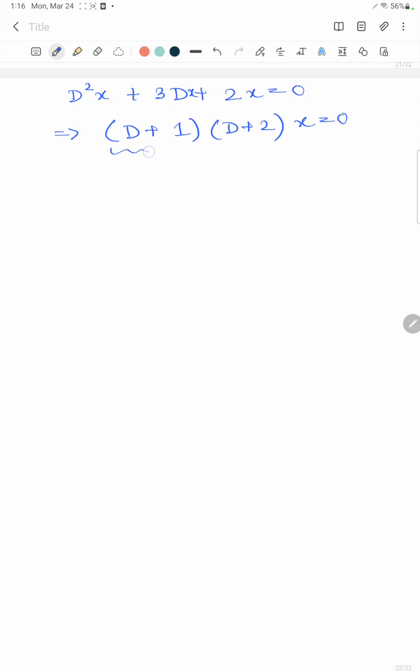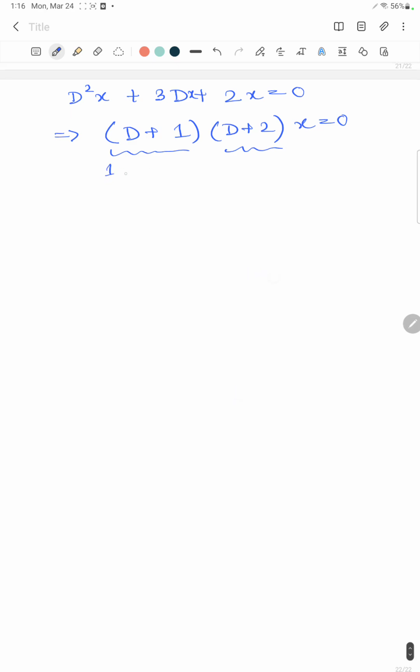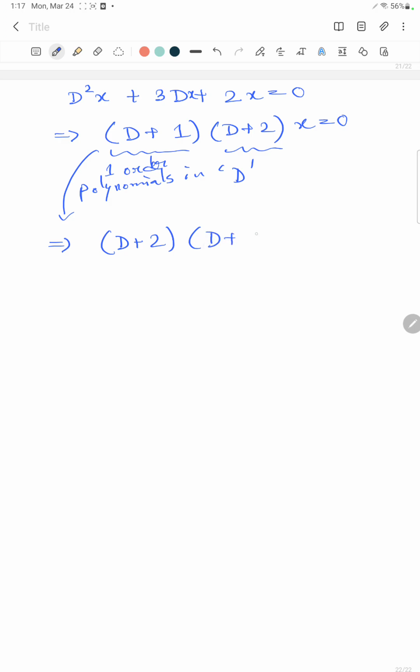Now here you can see that these are first order polynomials in the operator D. So in this equation, these first order polynomials can commute with each other.